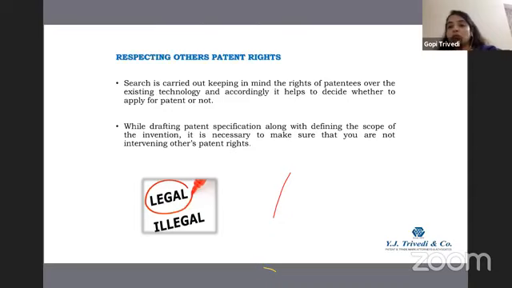And the caution is, if you do so, even unknowingly, you might invite legal action, because the Patent Act clearly gives the exclusive right to all the patent right holders, all the patentees.